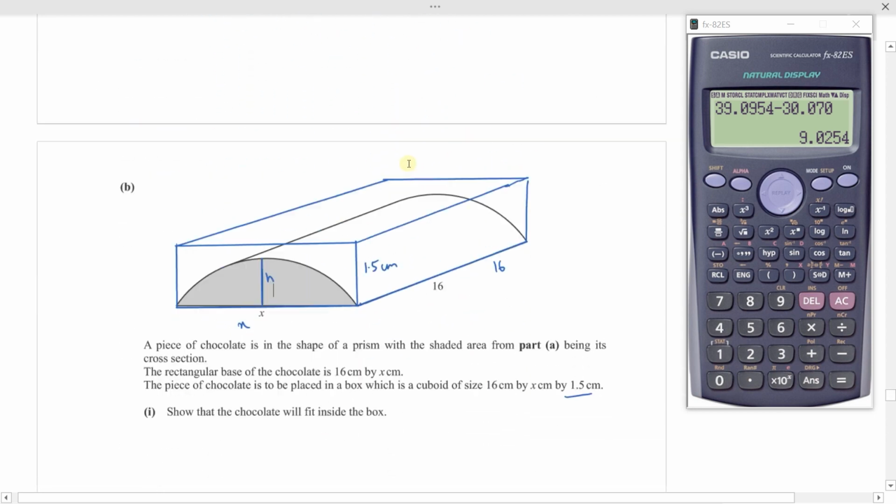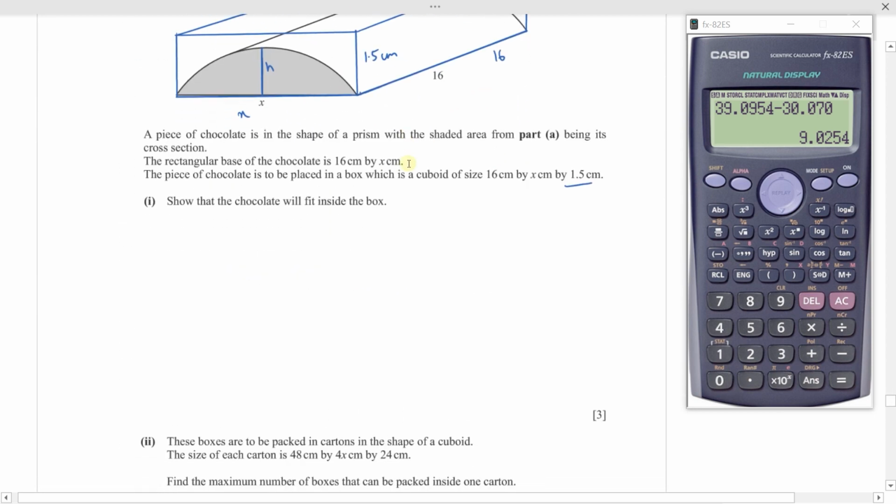So let me redraw this here. Your shaded area was something like this triangle, and then you have the circle like this. This was your shaded area. This is 8, this is 8, and this was 70 degrees.